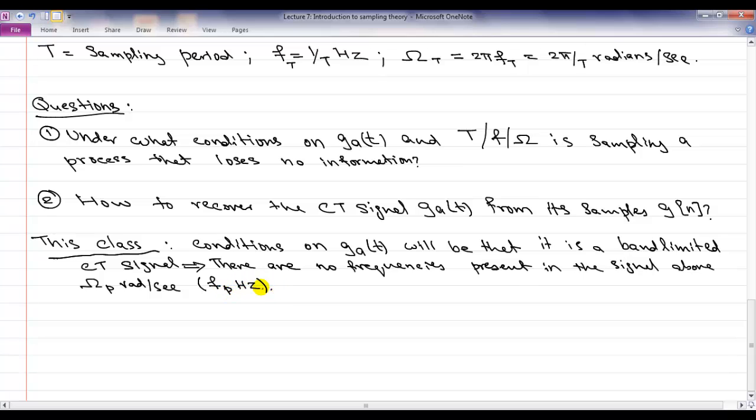So a signal in which there is no higher frequency present after a certain limit is called a band-limited signal.